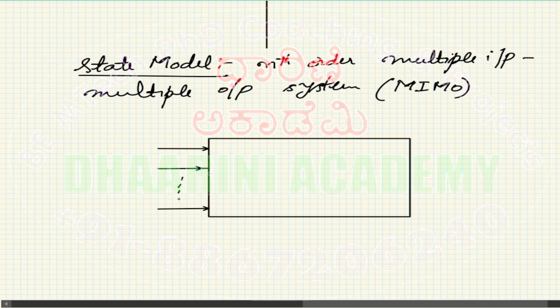There can be any number of inputs, so we call these u1, u2, dot dot dot up to um. These are the inputs of the system, and since this is multiple input multiple output, we call it a MIMO system.